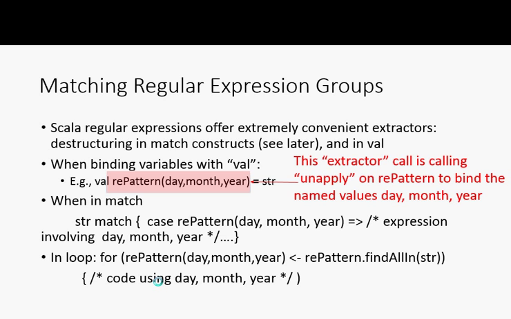I emphasize this because in your take-home exercise for Thursday, which I will be posting today, you're going to be doing this for a file. You're going to look for two different ways dates can be written, and handle each of them and print out a canonicalized, standardized set of dates.